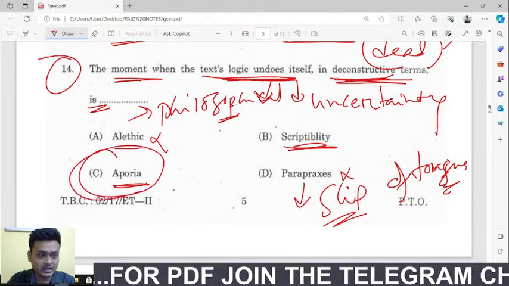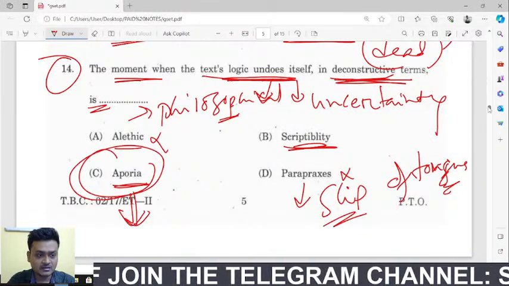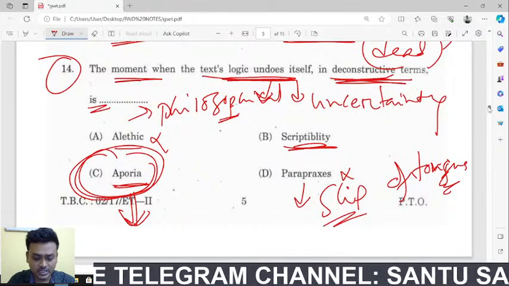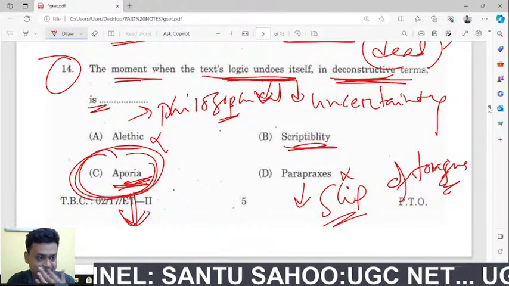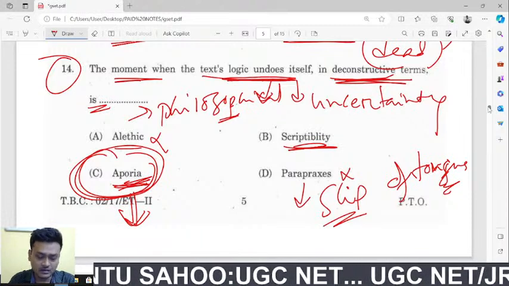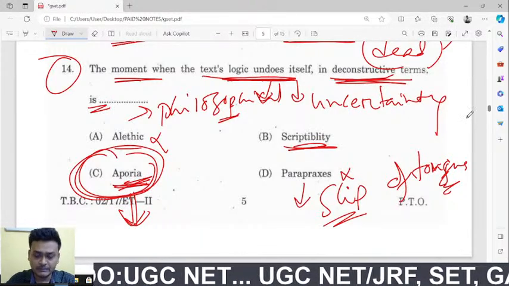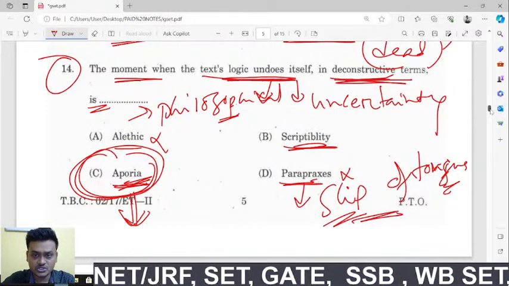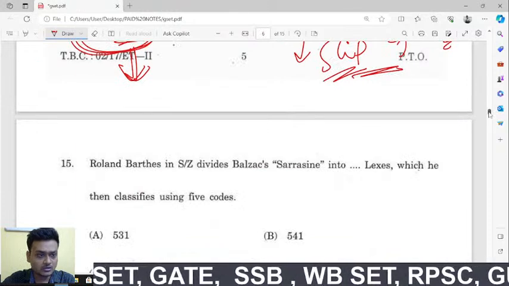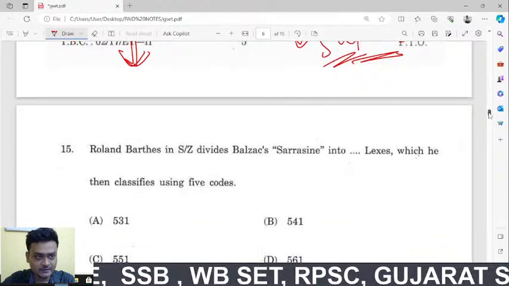Exactly, it's aporia. Well done. Derrida's deconstructive aporia. C is the right option here. Remember that parapraxis means slip of the tongue. Okay.